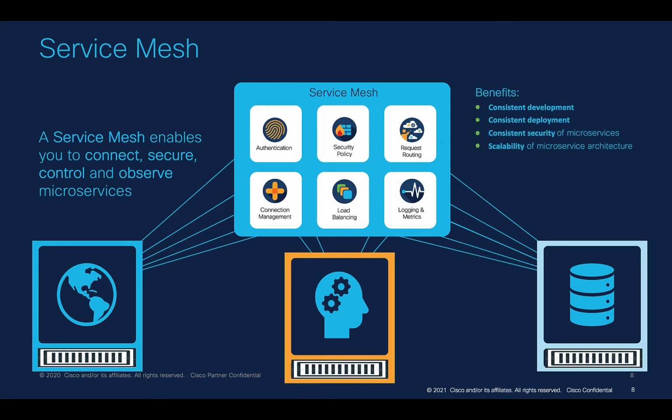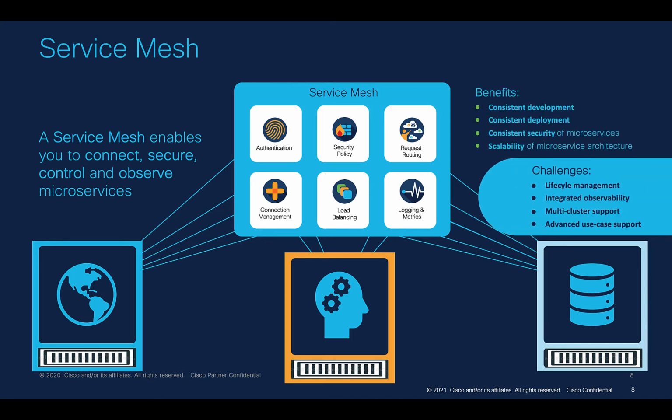What Service Mesh offers is it enhances the Istio functionality and improves the lifecycle management, provides a holistic observability, a stronger security, and additional advanced use cases. Let's take a look at them in detail.